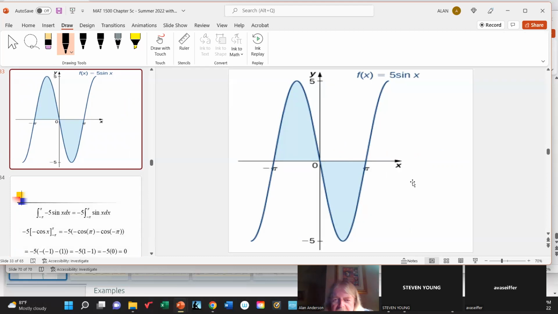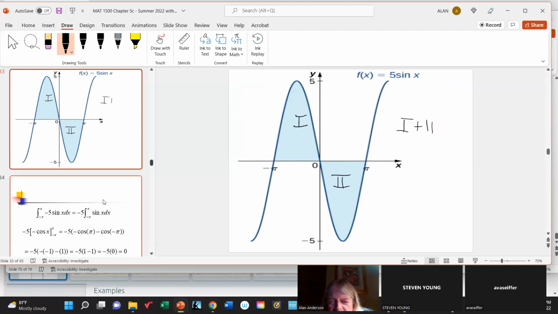This is an odd function because this one, the blue section over here, we'll call it 1, is an exact match for 2. They're the same, but they're in opposite quadrants, I guess you could call them. So we have an odd function, which means in principle, if I add together these two sections, they should give me a 0. Well, let's prove it.